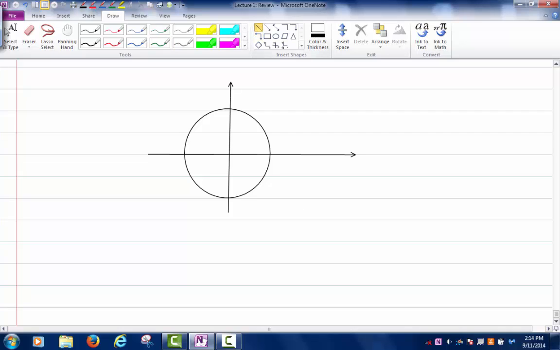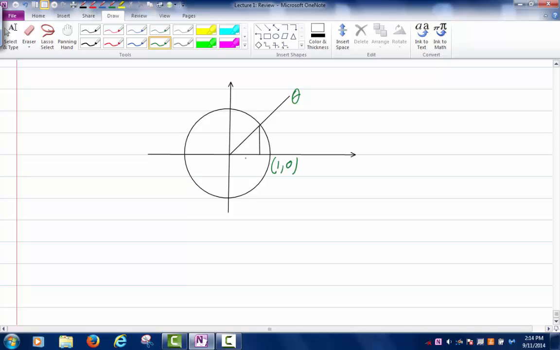And let's say this is the angle theta, and so this side. So remember, this is the unit circle, right? This is the unit circle. So this point is 1, 0.